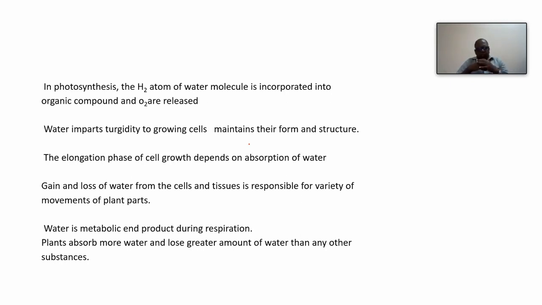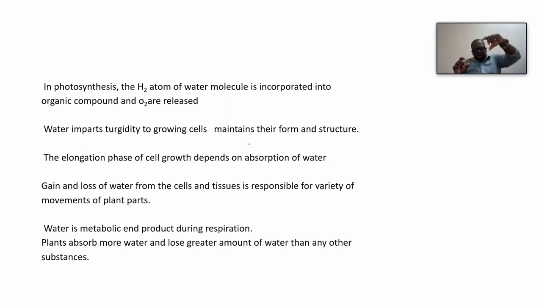In the second point, a cell should have some form. Maybe a plant cell should have a form. To form that shape, we should have turgidity. I will come to what turgidity is. During the elongation phase of a cell, water is necessary.